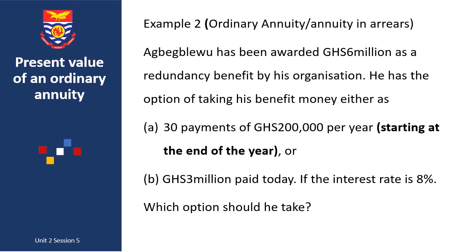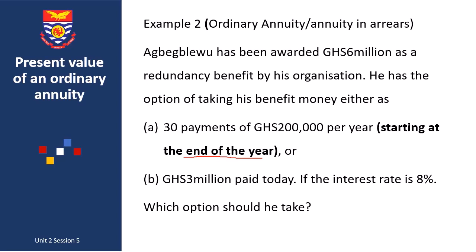So each year is 200,000 and the payment will occur 30 times, roughly 30 years, starting at the end of the year. We also have option B, which is 3 million paid today. Today means at the beginning of the year. If the interest rate is 8%, which option should he take?